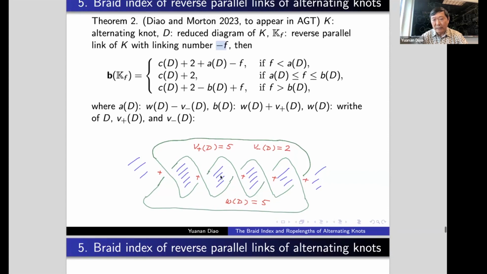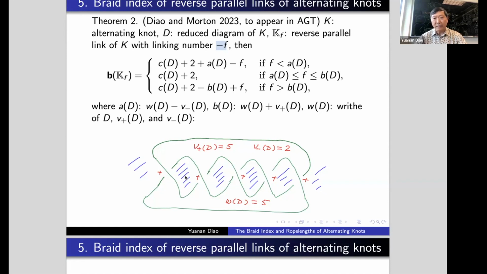Here is a diagram that explains it. When you have an alternating diagram, it's a well-known fact that you can do a checkerboard shading of the diagram such that all the crossings in the diagram are positive in terms of this shading.